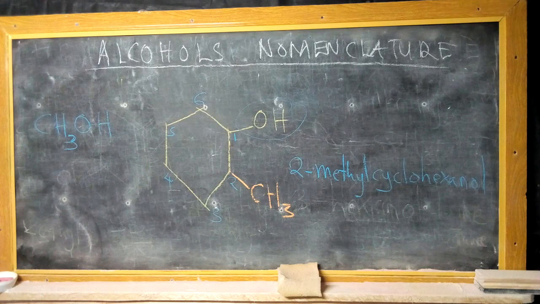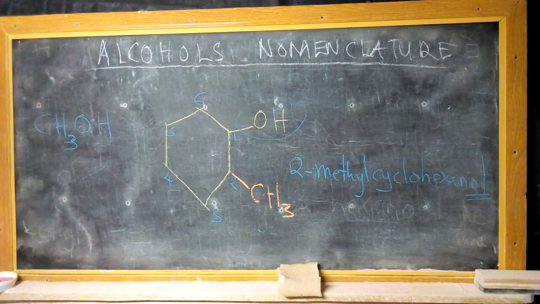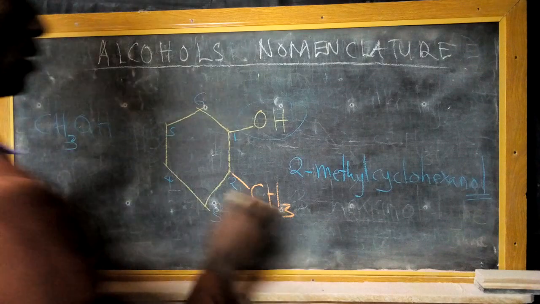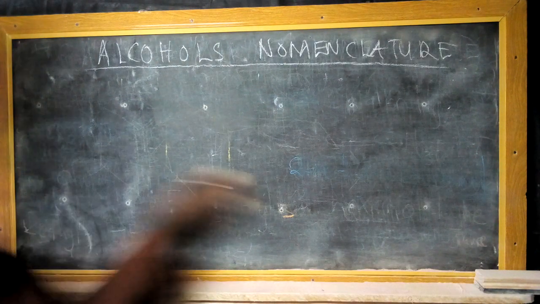We have said that they have a characteristic ending whereby the suffix ends with the letters -ol. Suppose we have an alcohol that appears like this. I want us to name one of the cyclo alcohols and see what priority to take in case there are 2 OH groups competing for priority.